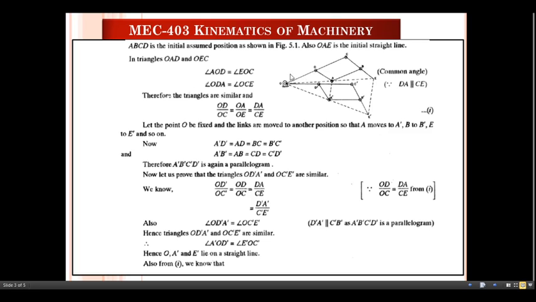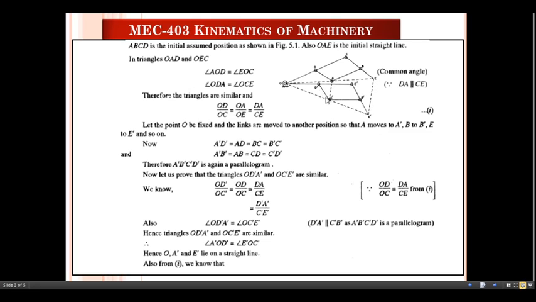Let point O be fixed and the links are moved to another position, so that A moves to the next position A dash, B moves to B dash, C moves to C dash, and E moves to E dash. Similarly, other points also move in a similar way.